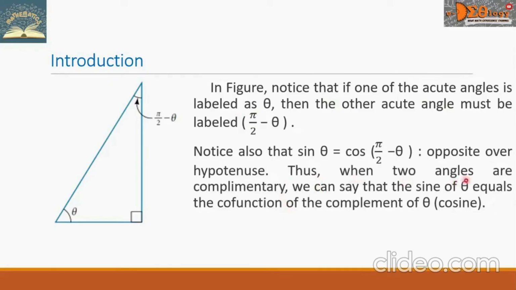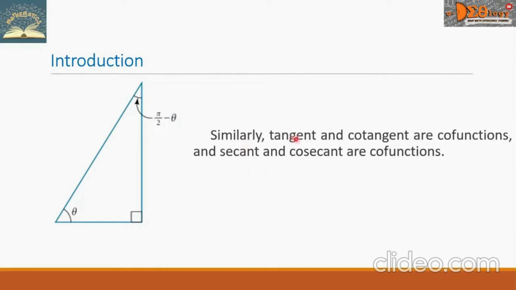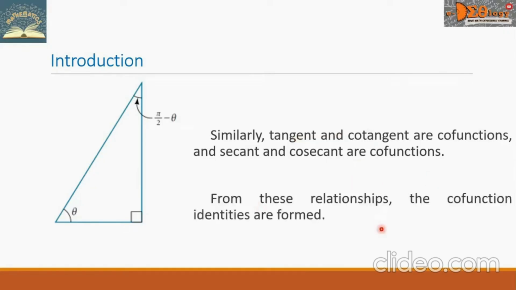Thus, when two angles are complementary, we can say that the sine of theta equals the cofunction of the complement of theta. In this case, that is cosine. Similarly, tangent and cotangent are cofunctions, and secant and cosecant are also cofunctions. From these relationships, the cofunction identities are formed.